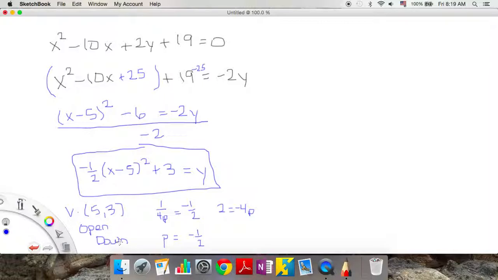So we're opening down. Then we also know that our focus, let's get a new color here. Our focus is going to be the point 5, 3, and then we have to add our p. So it's 5, comma, 2.5.